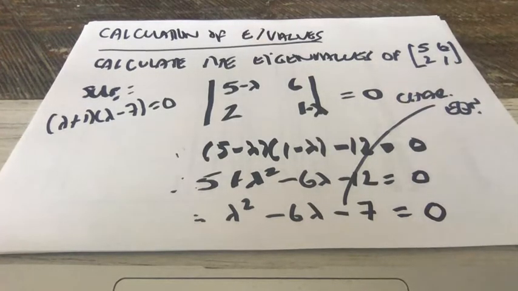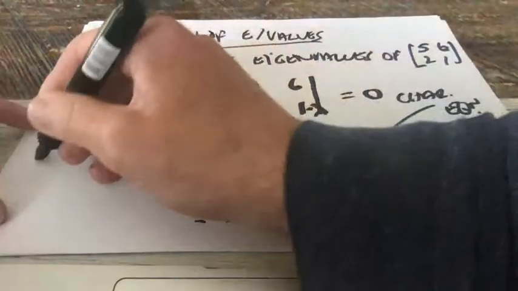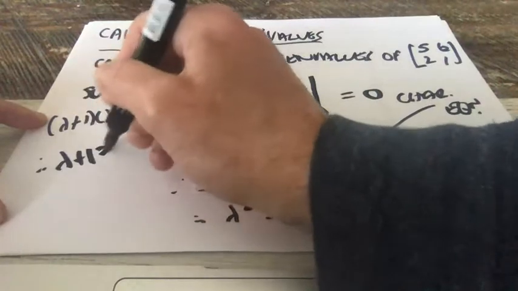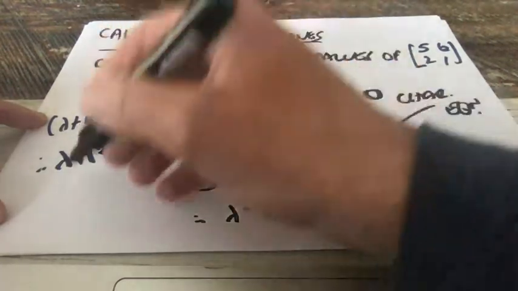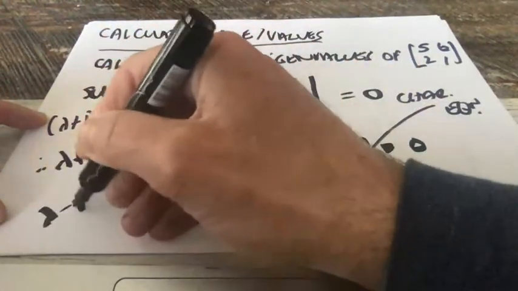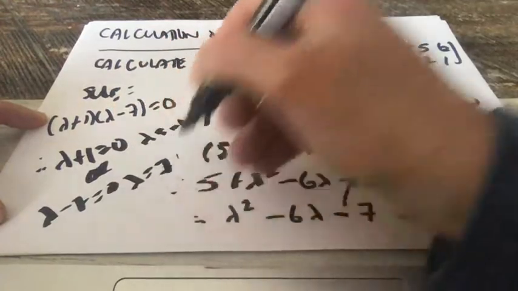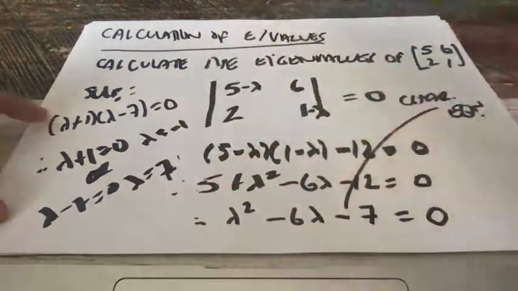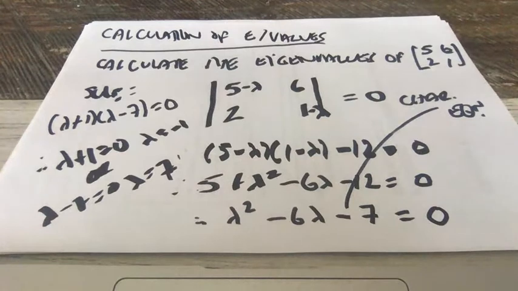So lambda plus 1 is equal to 0, so lambda is equal to minus 1, or lambda minus 7 is equal to 0, so lambda is equal to 7. In this case, you've got two eigenvalues: minus 1 and plus 7.